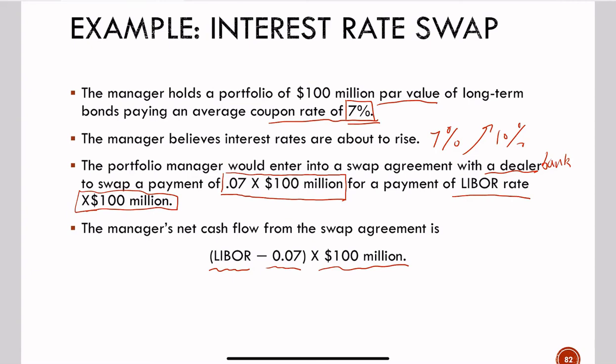So that's the motivation. That's why you want to do this. And you can also see that this is a multiple period agreement, right? Because you can see a bond, and here you're having a long-term bond.